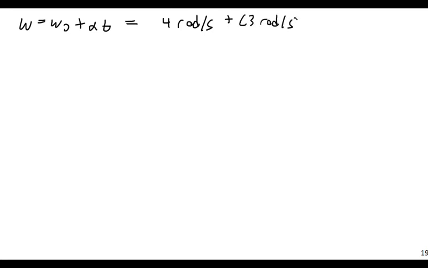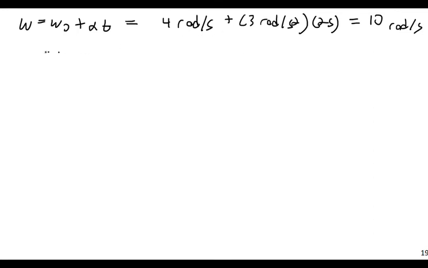Omega is equal to omega naught plus alpha t, fairly simple plug and chug: 4 radians per second plus 3 radians per second squared times 2 seconds equals 10 radians per second.